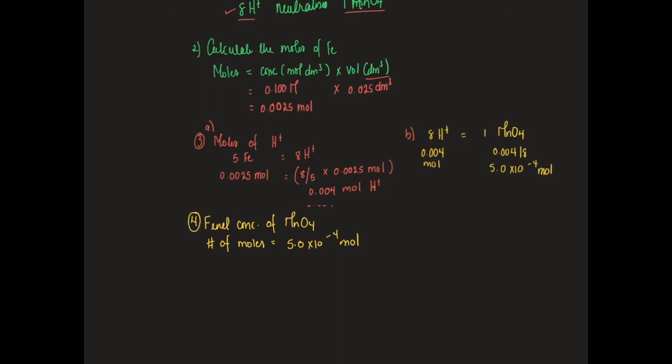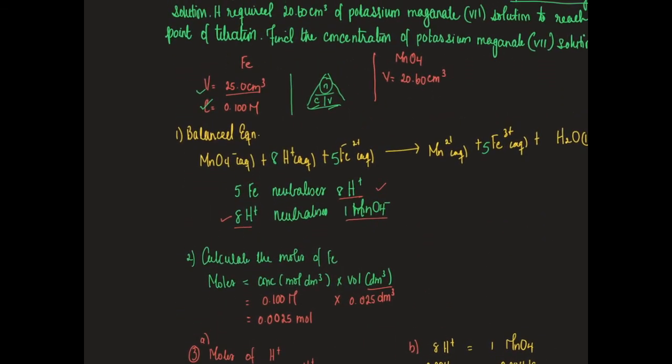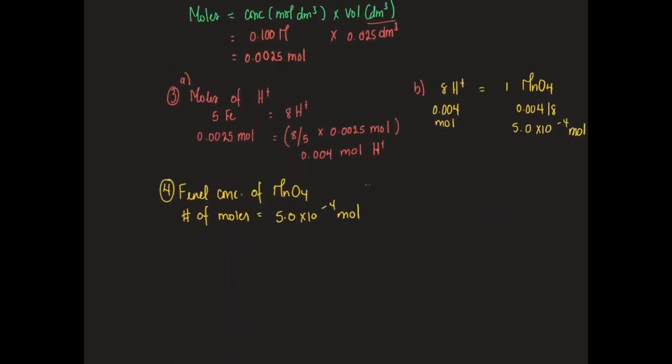And if we go back way up to the beginning, we have the volume. So we're going to write the volume is equal to 20.60 cubic centimeters. And to change that into cubic decimeters, we're going to divide by 1,000 to get 0.0206 cubic decimeters.